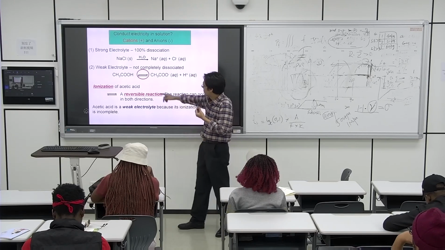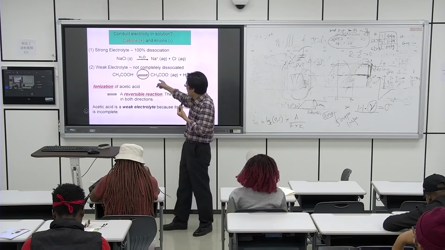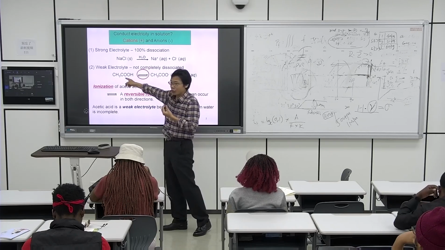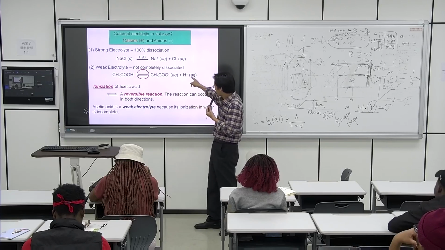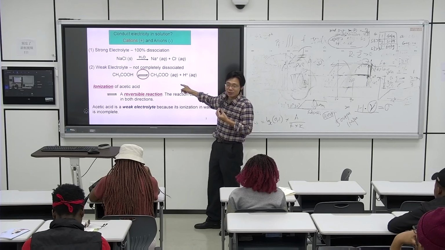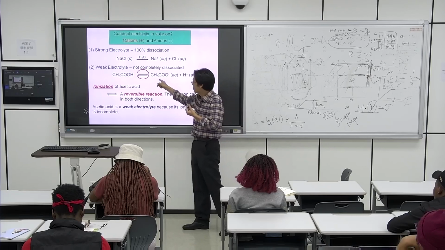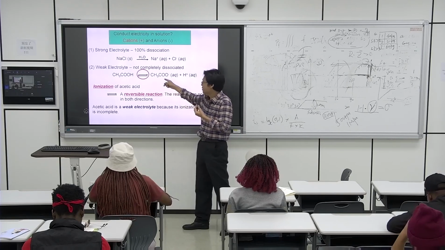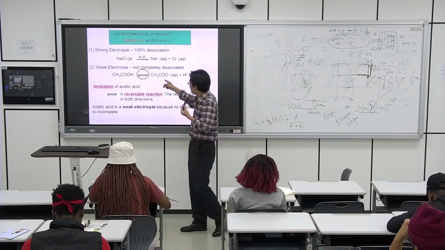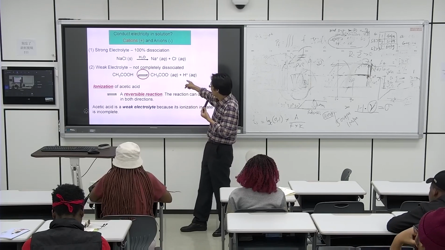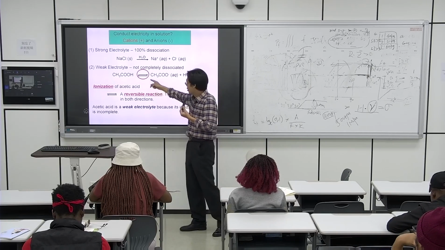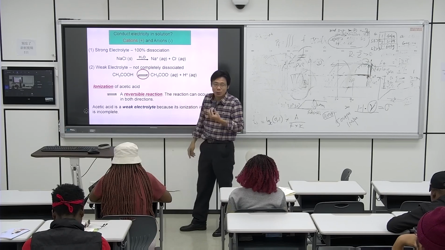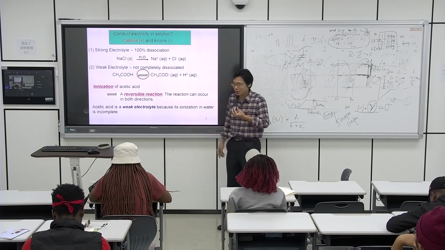So what this means is, in the system, there are some neutral molecules, some anions, and some cations. When this dissociation is around the balance, their concentrations will not change.